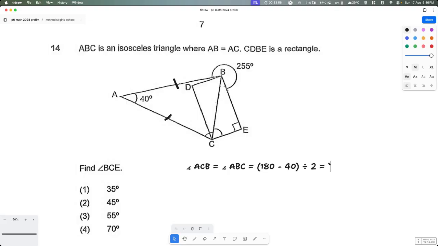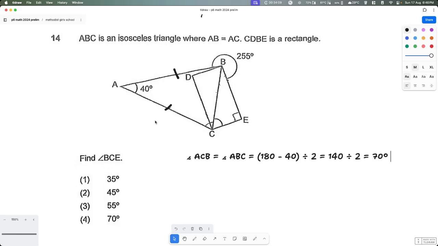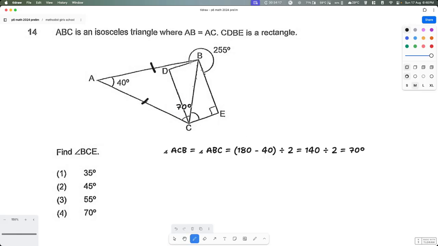This will give us 140 divided by 2, which is equal to 70 degrees. Right, so now we know that this is 70 degrees, like this. So then we know that this is also 70, right, over here.